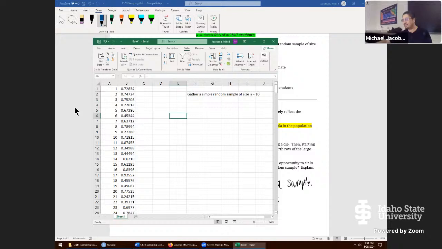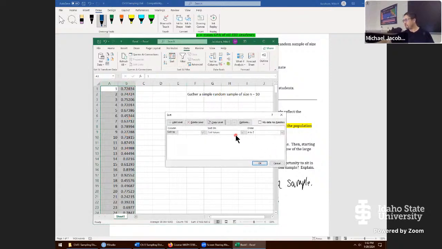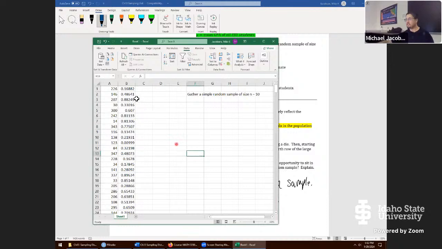Okay, so we have students, we have random numbers. Next thing we're going to do is sort the random numbers here. We're going from column B, smallest to largest, and there it is. So these first 10 students are going to be part of the sample. We did it, folks. That's our simple random sample.